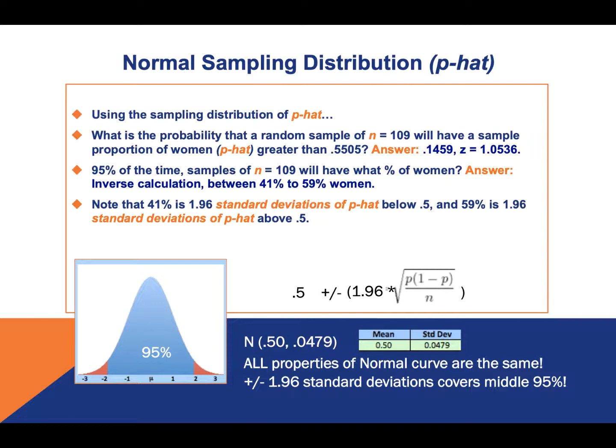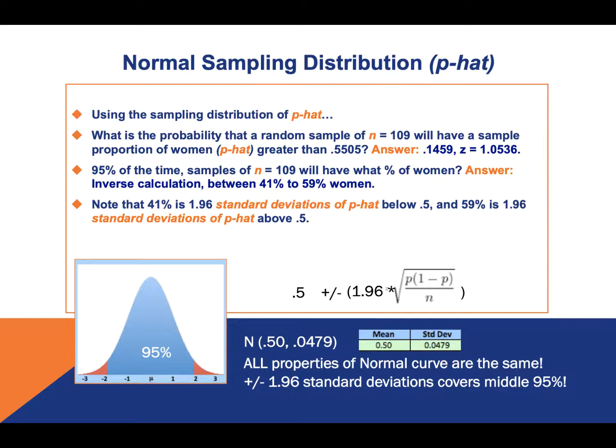What is the probability that a random sample of 109 will have a p-hat value greater than 0.5505? We could see the answer is 0.1459 with a z-score of about 1.05. 95% of the time, samples of 109 will have p-hat values between 41% and 59%, and we can see that our p-hat value is well within that range.